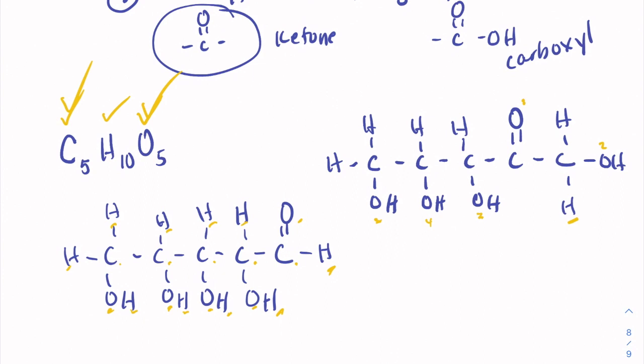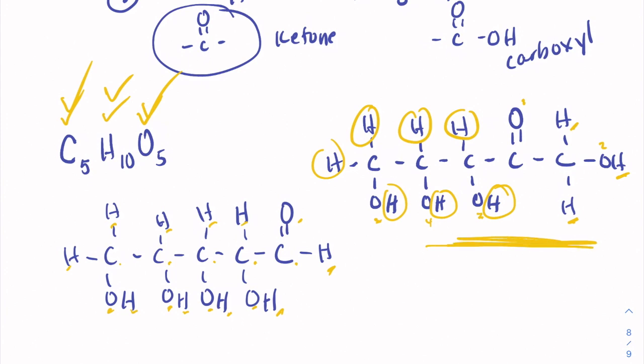Hydrogens. 1, 2, 3, 4, 5, 6, 7, 8, 9, 10. We're good. Hopefully I've convinced you that this over here is C5H10O5 and this one is C5H10O5. They are, but they're not the same molecule.